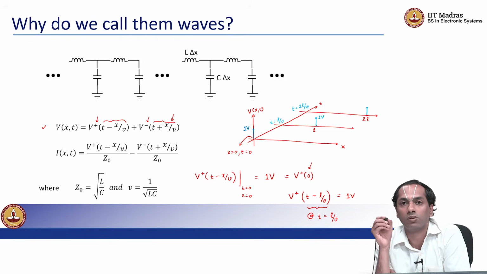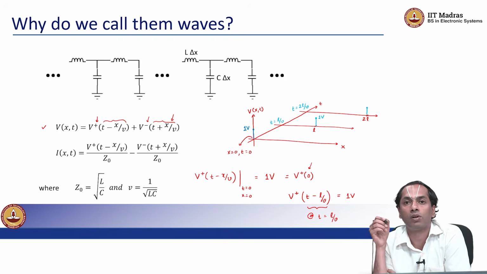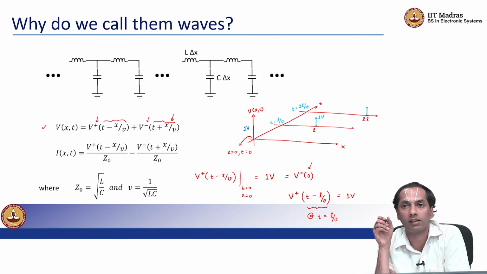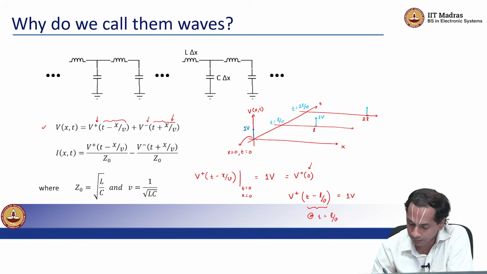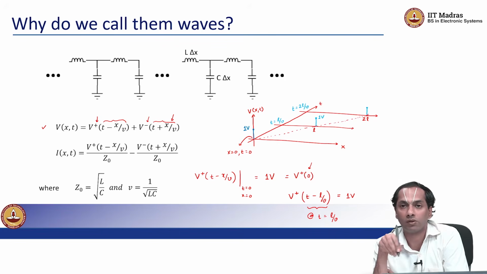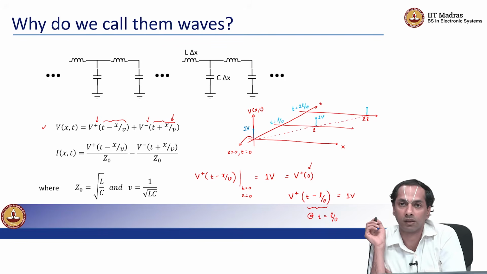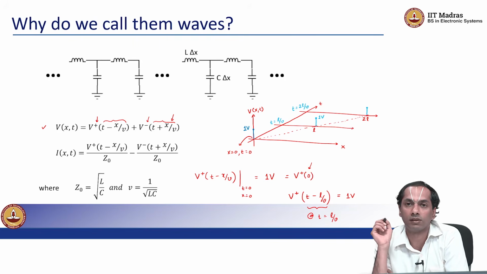The pulse which was originally at x equal to 0 is moving to locations L and 2L for positive times. So at t equals L by V, it has reached the position L, and at t equals 2L by V, it has reached the position 2L. So it is traveling along that line, the pulse.